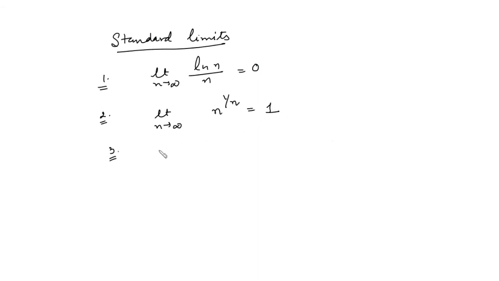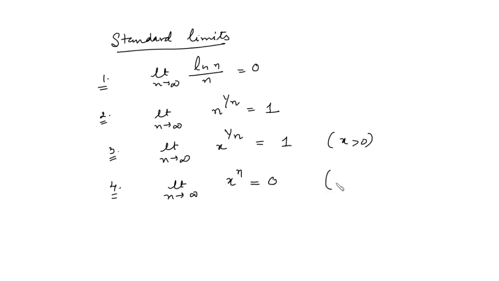The third is the limit of x to the power 1 by n, this is 1 for any x strictly greater than 0. The fourth one, the limit of x to the power n, this is 0 provided mod of x is strictly less than 1.